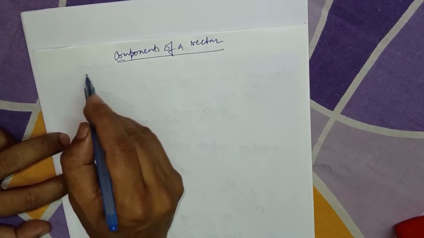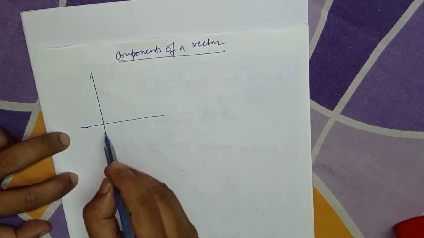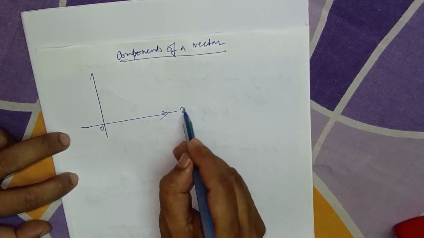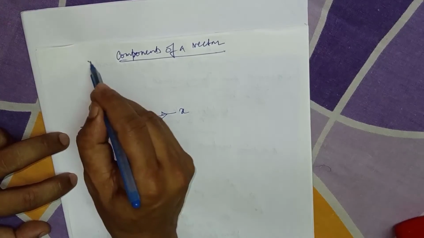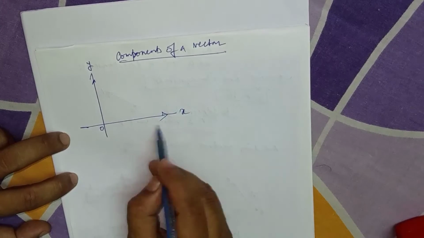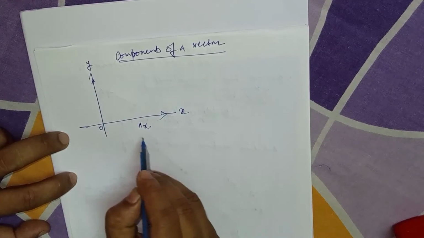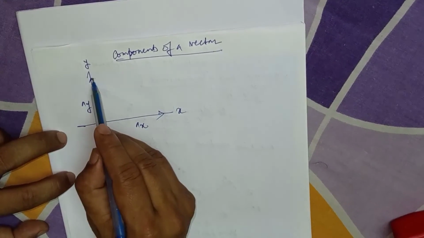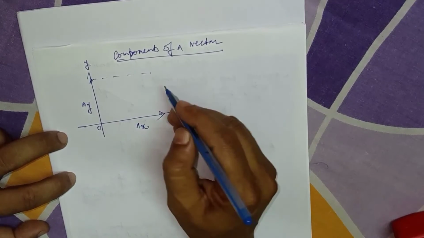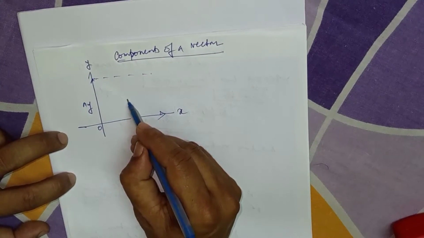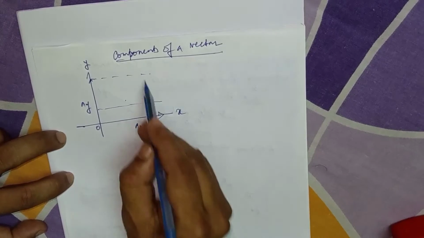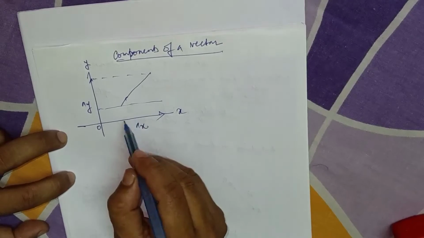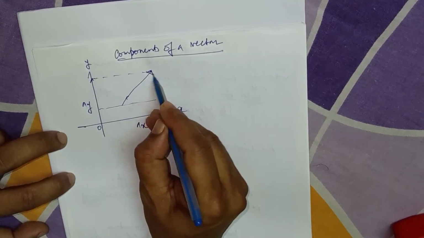So if this is the origin, this is x and this is y, then the components of this vector are ax and ay. If I make a virtual point like this, and a vector starts from this, drawing like this way.